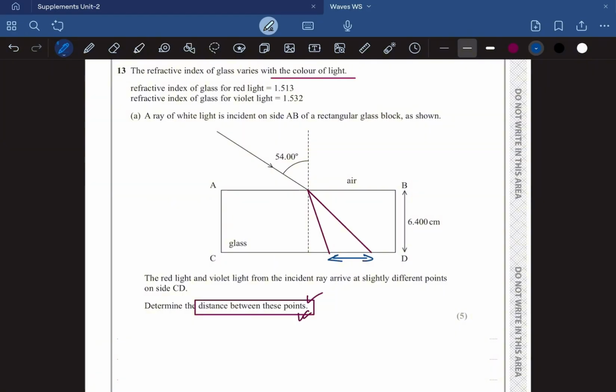I know this value, which is 6.400 centimeter, which needs to be converted into meter as well.